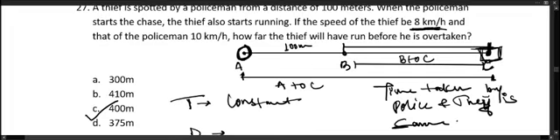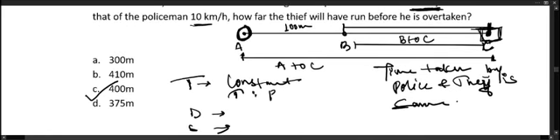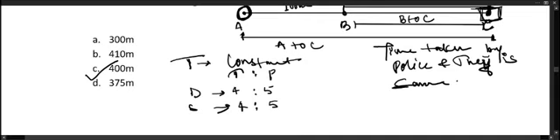We have been given the ratio of speed. That is, the thief is moving with the speed of 8 km per hour, and the policeman is moving with the speed of 10 km per hour. So thief to police, the speed of thief is 8 and the speed of policeman is 10. After eliminating, we will get 4:5 as their speed ratio. Then the distance will automatically be 4:5 because the ratios are the same when time is constant.